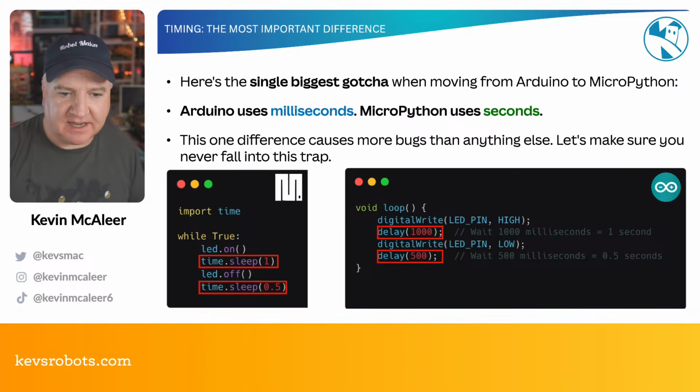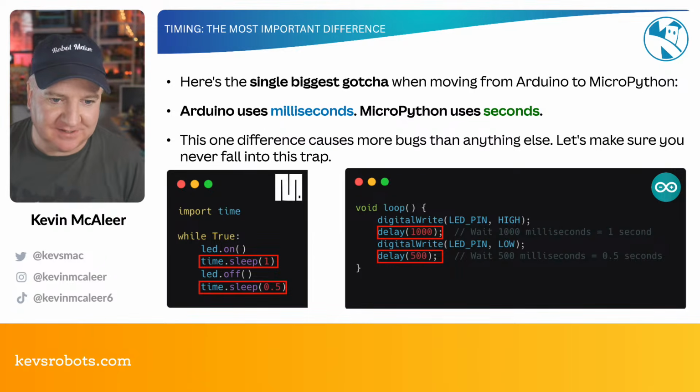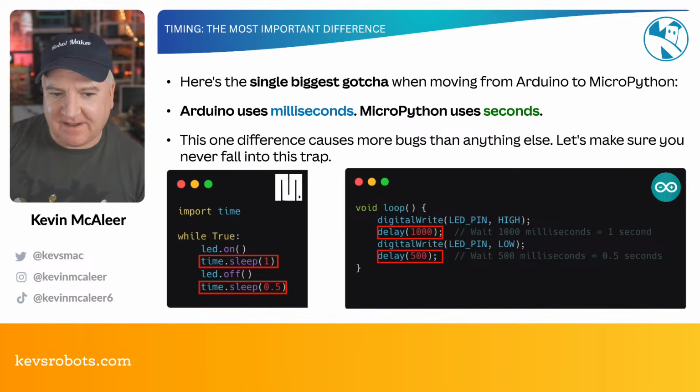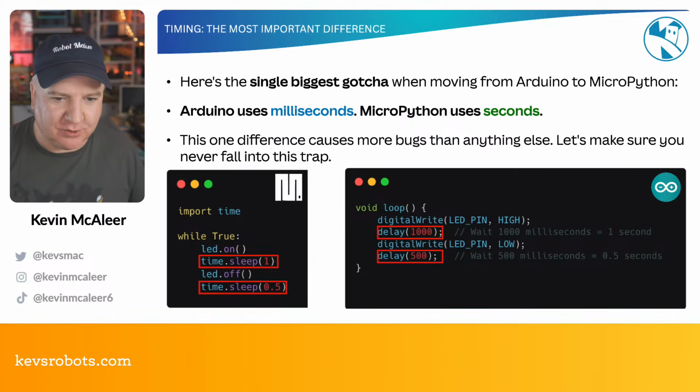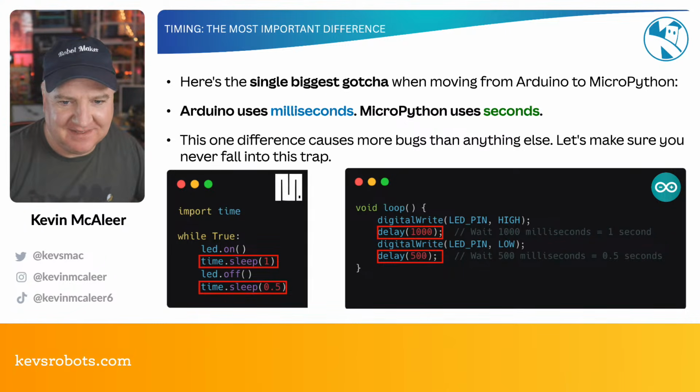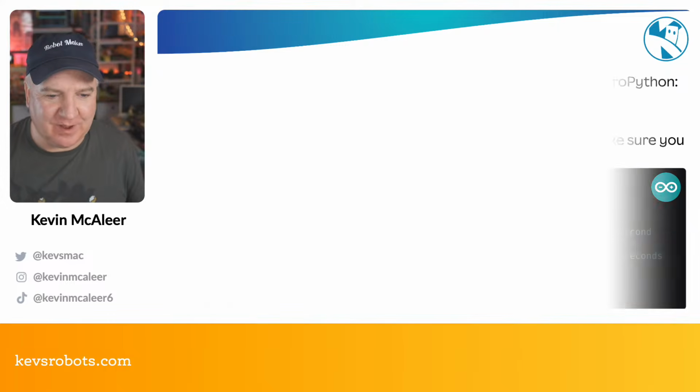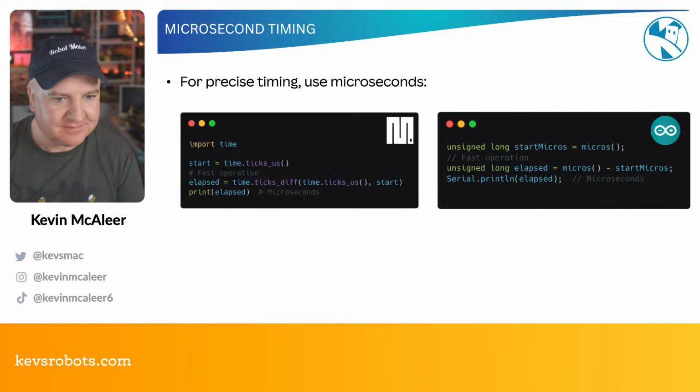On the right hand side in Arduino, we have delay(1000), which means wait for 1000 milliseconds, which is a second, or wait for 500 milliseconds, which is half a second. So if you put that into your MicroPython code, you'll be waiting, is it 18 minutes? It's quite a long time if you wait 1000 seconds.